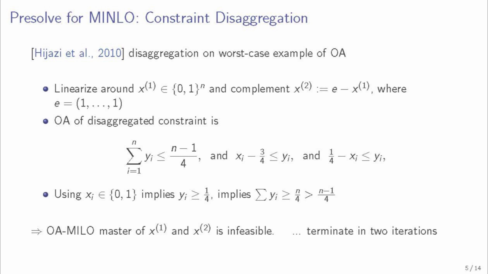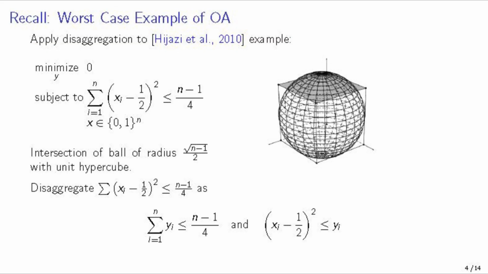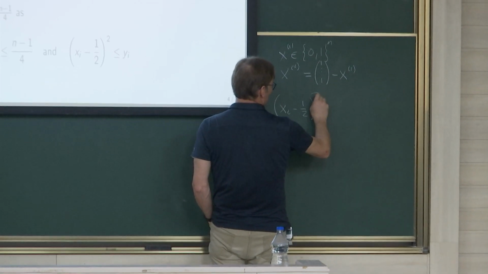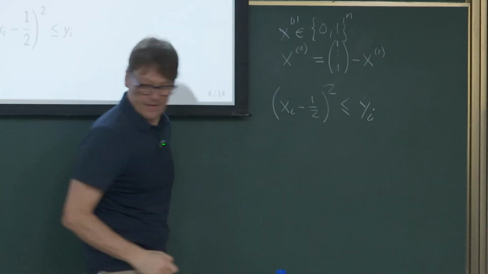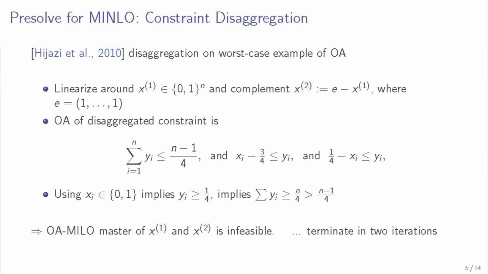The reason I get those is we can just quickly go back. I need to linearize these functions: (xi minus a half) squared less than or equal to yi. I'm going to do this real quick.